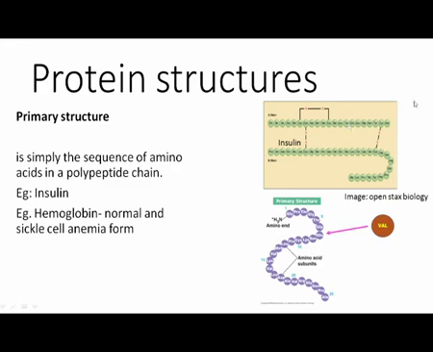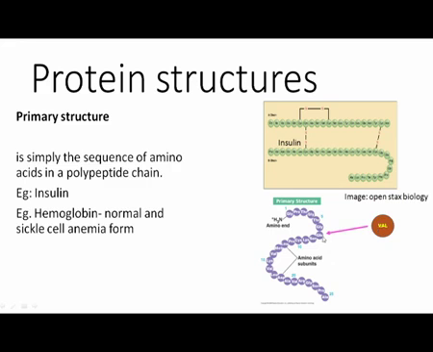One amino acid sequence is connected to another amino acid sequence by formation of some disulfide bonds in between. So, this is insulin, one of the proteins. This is another protein which is a part of hemoglobin, and what is shown here is that there is a glutamic acid right at the 6th position, which gets converted to valine, which is another amino acid.